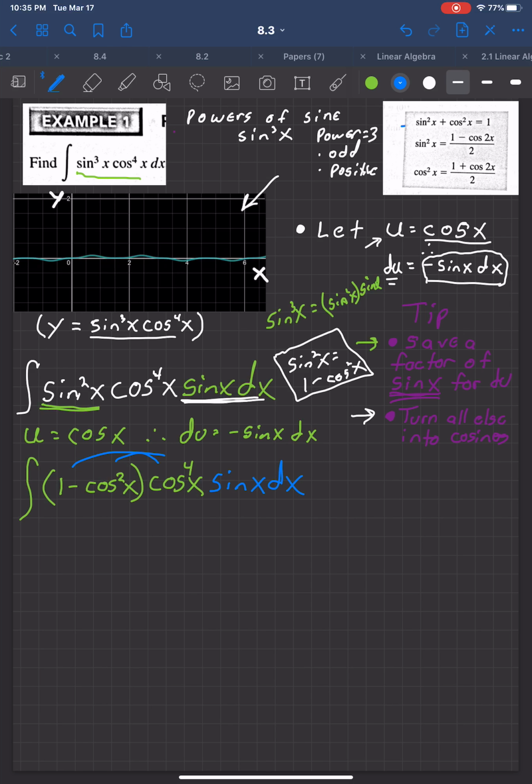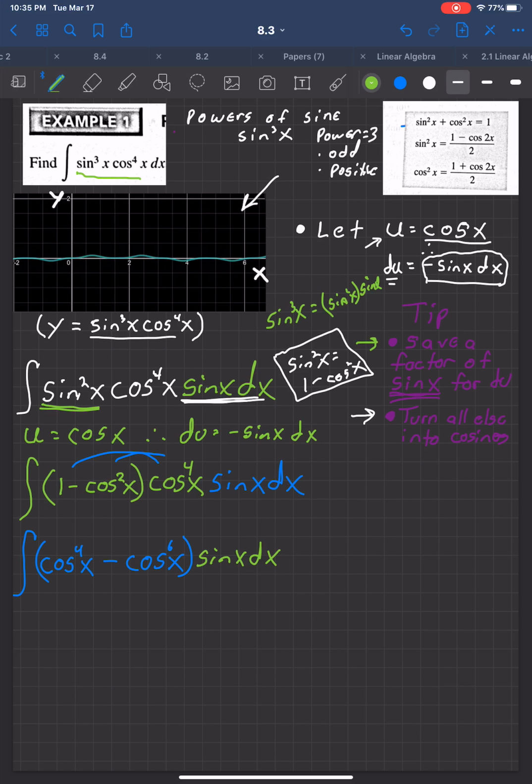All right, let's try to make our work a little bit easier here. So now I have the integral of cosine to the power of 4 minus, well, cosine squared times cosine to the 4th is cosine to the 6th. And again, here's that sine of x dx that I've left alone for the time being.